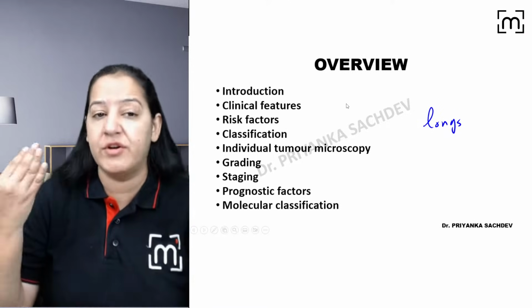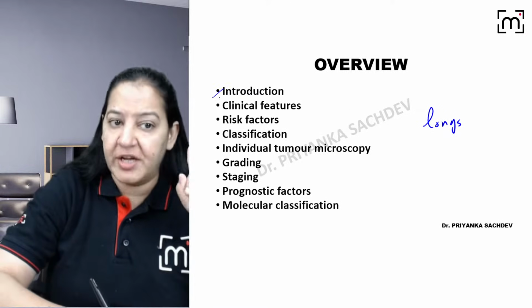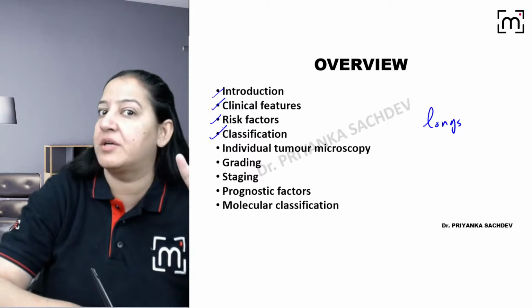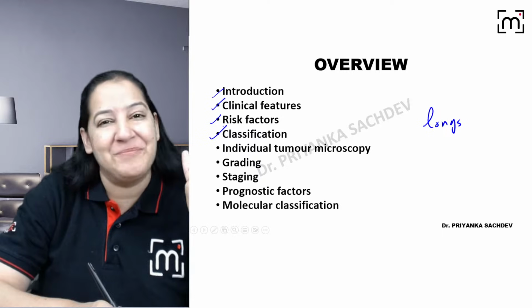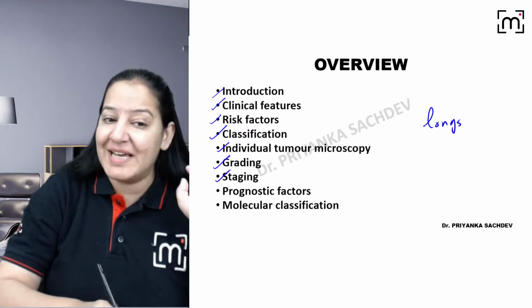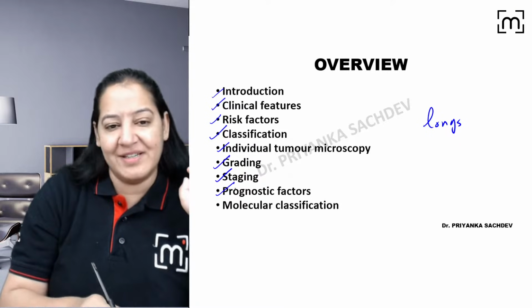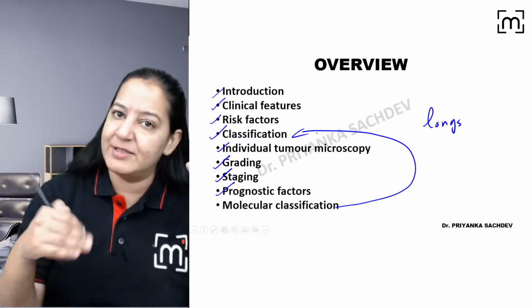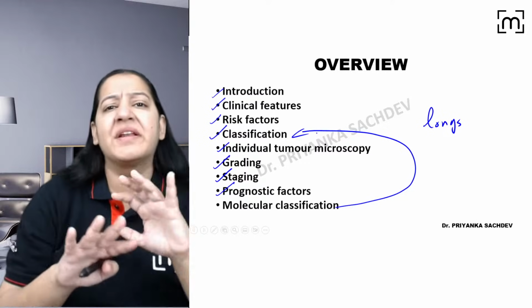You must write the introduction, clinical features, risk factors, the classification, the two types of classification, histopathological and molecular, the most important molecular, individual tumor microscopy, grading, staging, prognostic factors. Molecular classification we already included here, right? So these are the headings you must write. If you write them, you will get full marks.